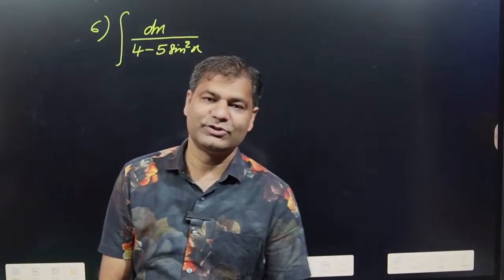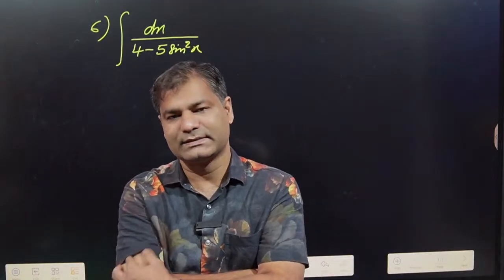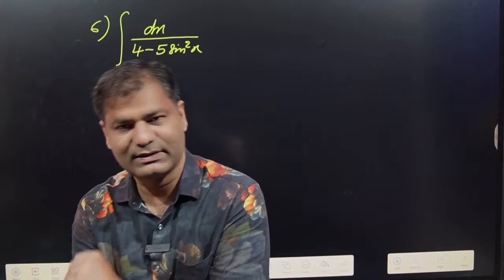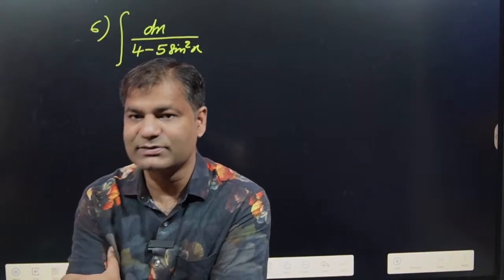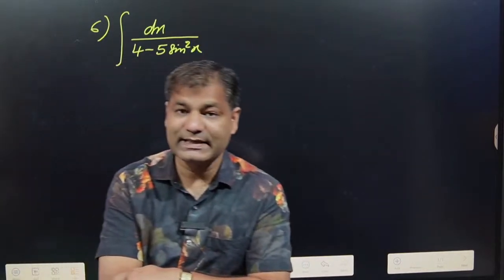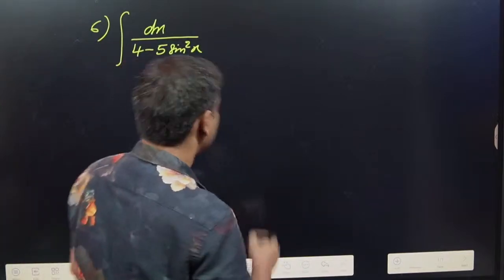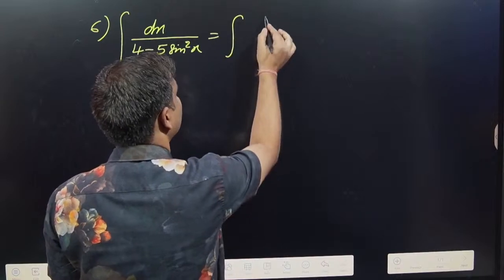I have already said if sin square or cos square is present in the denominator, then simply divide by cos square x. Otherwise, you can also divide by sin square x in the numerator and denominator.